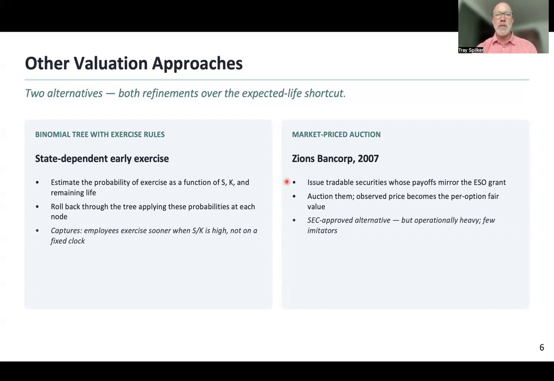When they auctioned them off to the markets, they were able to observe a market price, sort of setting the fair value of their employee stock options. The SEC did approve this approach. But as you might imagine, this is rather operationally heavy for the company, so there have been very few imitators as a result. Most rely on the Black-Scholes-Merton model with binomial tree extensions in the case of early exercise possibilities.